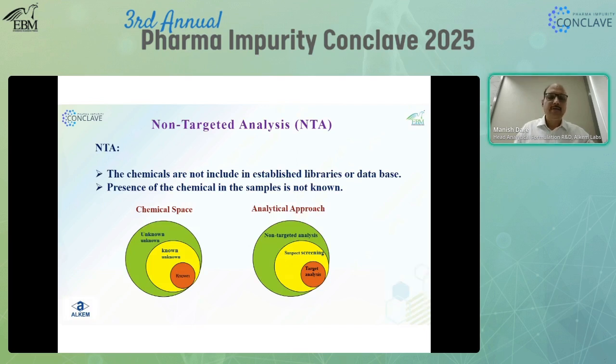As we discussed, NTA comes from the chemical space. A known compound would be the target analyte, and the suspect screening analyte would be known or unknown: if the impurity is unknown but there is literature support or a match in the mass library software, that becomes SSA. If no information is available for this particular impurity, then it is called NTA.